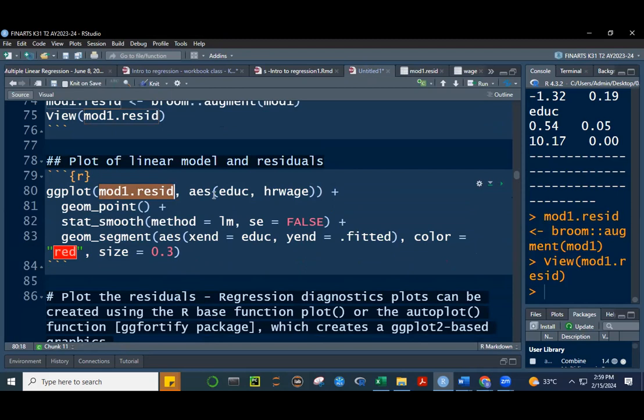Aesthetics defines the X and the Y axis: education and then hourly wage, plus geom point, which will plot the scatter plot for education and hourly wage. Then this will include the regression line, and it will include segments, vertical lines, geom segment. It will give us the beginning and the ending points, and color is equal to red, and then just give the size. I think we discussed this last time.